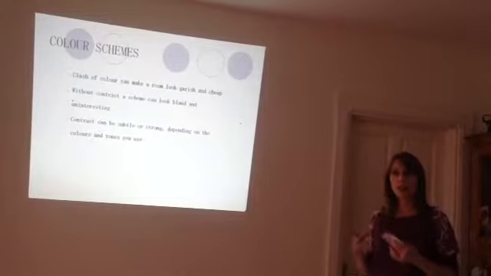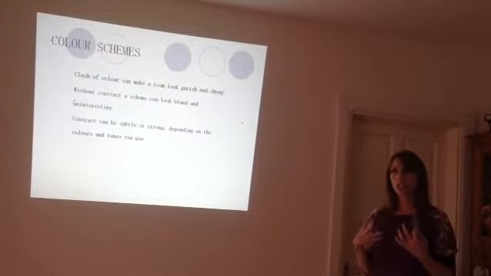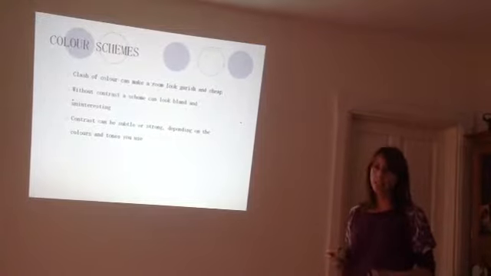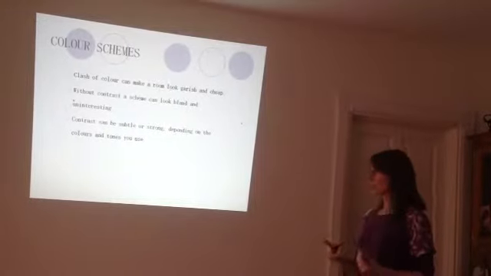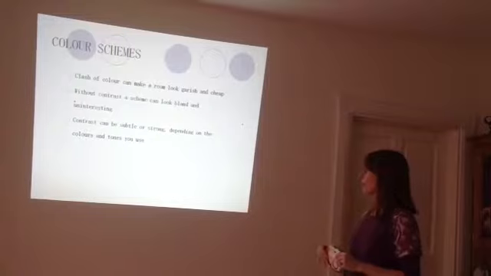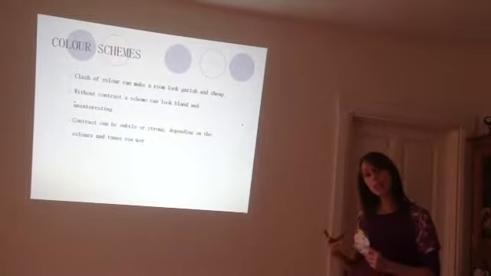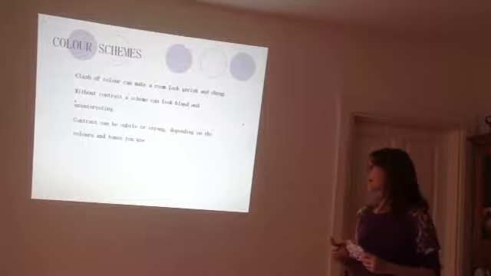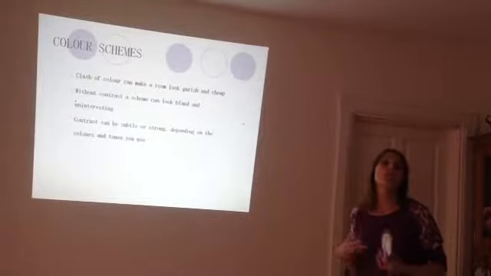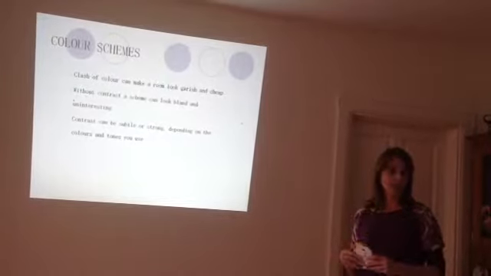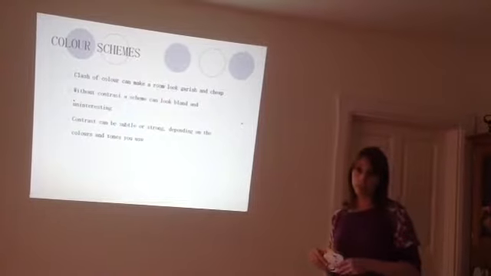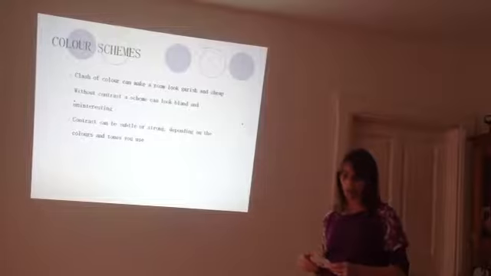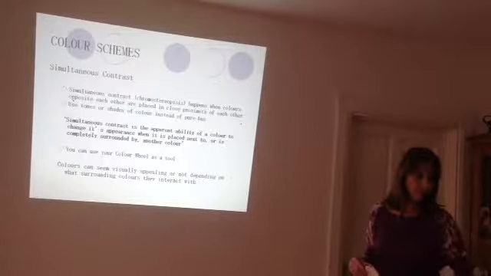You can have some colours in some rooms and they just don't work, and you look at them and they might give you a bit of a headache or a bit of eye strain, as you'll see later on how that works. However, we do need some contrast, because without contrast, a scheme can look very bland and uninteresting. So we need something to appease our senses. And your contrast can be subtle or it can be strong, depending on the colours and the tones that you use.